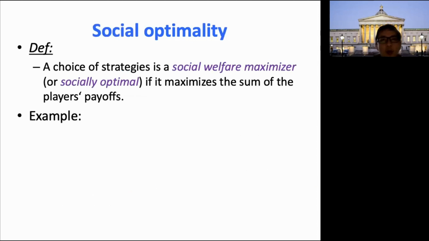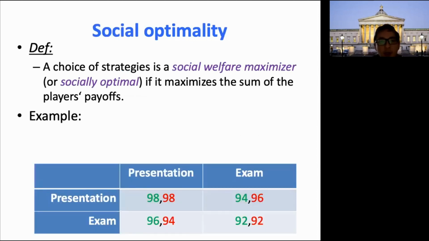And social optimality is about looking at whether the solution you got is indeed socially maximized, in other words, whether it can give a benefit for both of them. A typical way is to look at the summation of the rewards of the agents to see whether this solution is a social welfare optimizer.